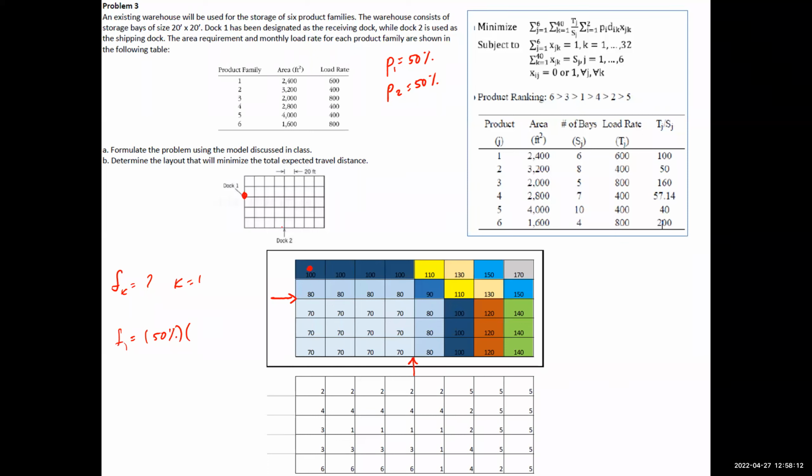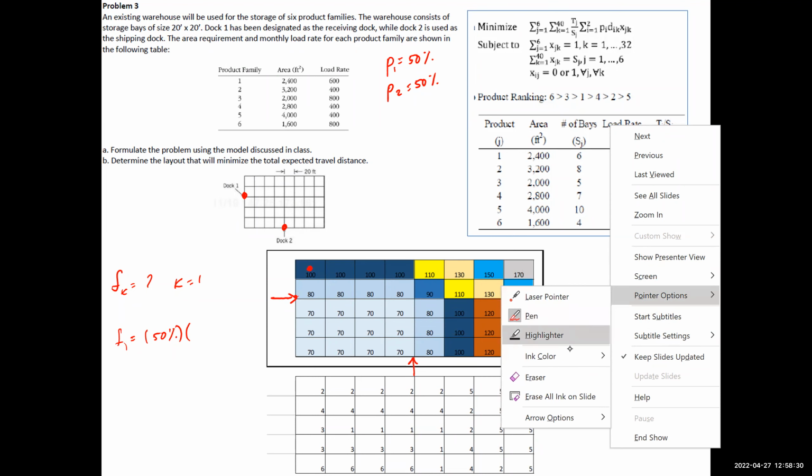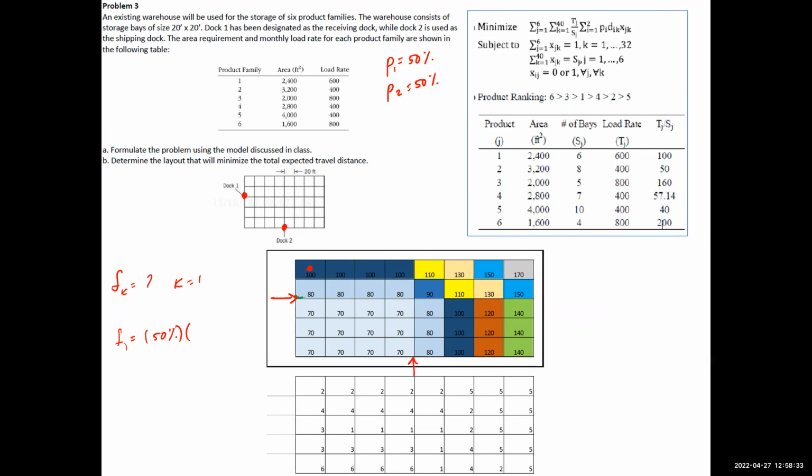Those are based on this. Okay, so the distance from this door to the center of that cell is going to be 10, 30, 40, plus 50% times, let's say, all the way here.